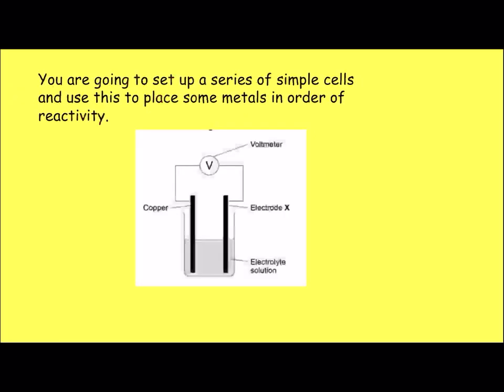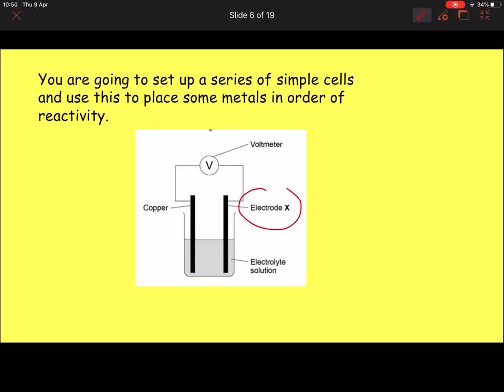Now if we were in school, we could then do an experiment. We're going to have a copper electrode and a voltmeter in an electrolyte solution, and we're going to connect a different electrode, an electrode X. We're going to change each time for a different metal, and then we will measure the voltage.